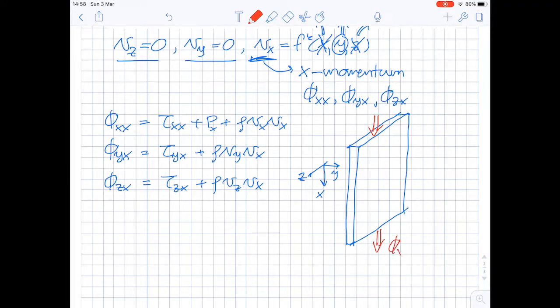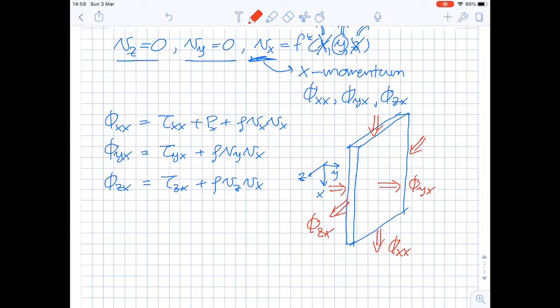So you have Φxx going in and out in the x direction. The double arrows represent the direction of the transfer of the flux. For Φyx, it is transferring in the y direction, so it goes from behind here and goes up front. This is Φyx. And Φzx goes in the z direction, going from behind and going out up front of here.